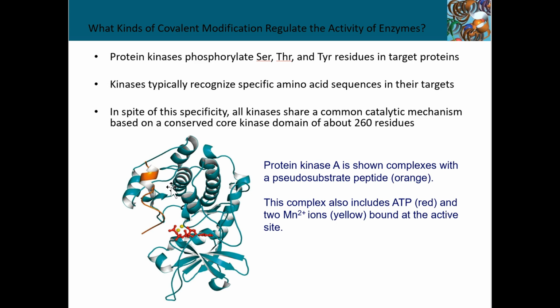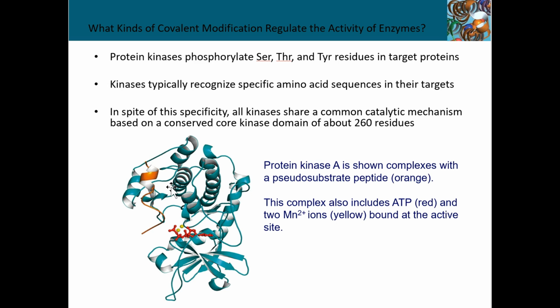Despite the specificity of these residues, not all kinases will attack all serine, threonine, or tyrosine residues. There's a lot of catalytic specificity which is unique to each target. So you have some conservation of the core mechanism, but we also have a lot of diversity in how it's applied.